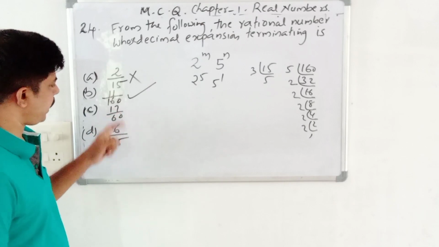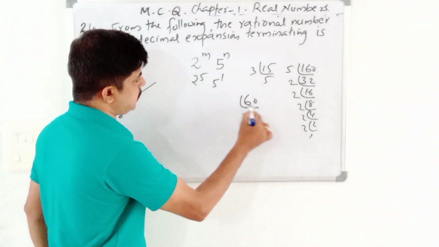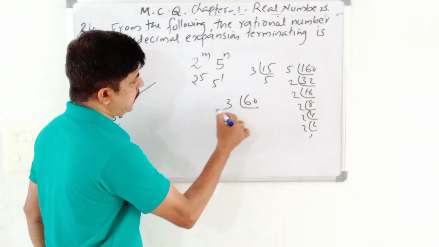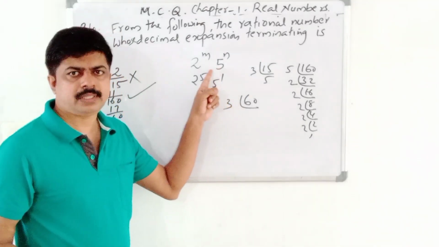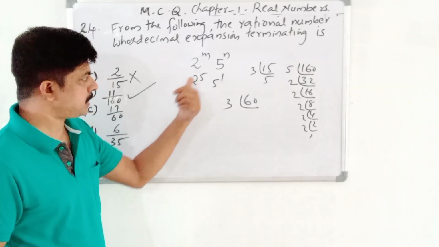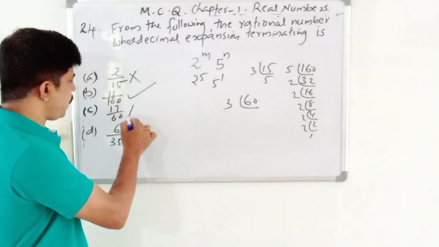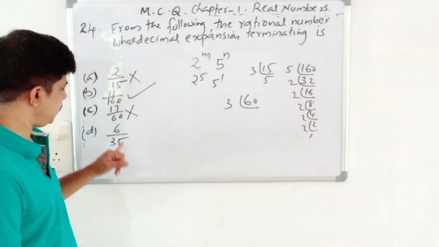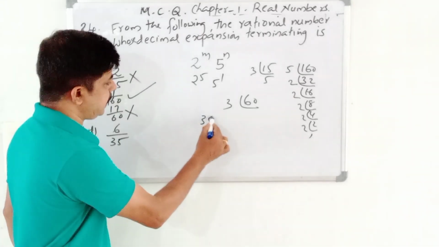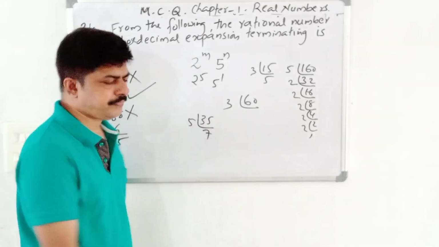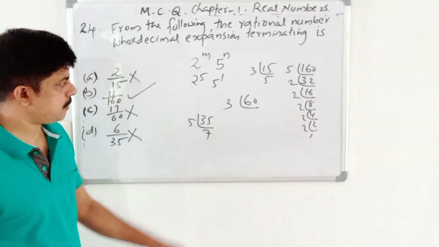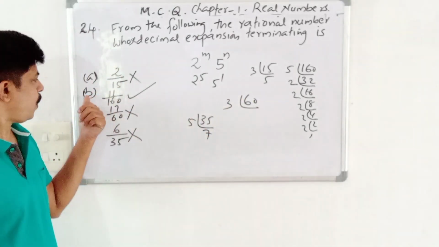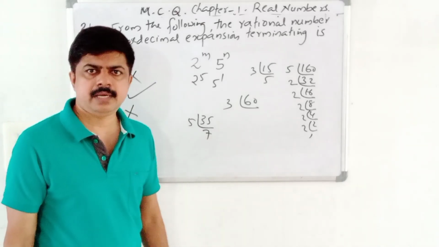In 60, when you factorize, we will be getting 3 as a factor. Therefore, 3 should not be involved in the prime factorization of q. Therefore, this cannot be the terminating decimal. Even 35, when you factorize, we will be getting 5 and 7 as the factors. Therefore, this is also not a terminating decimal. Therefore, our answer is option B. Option B is the right answer.